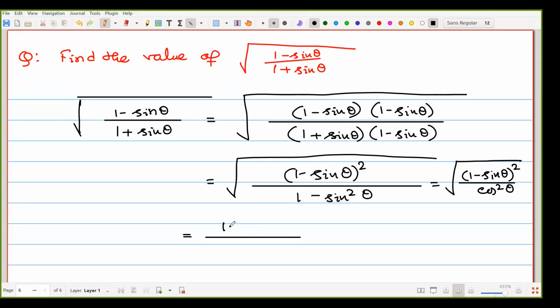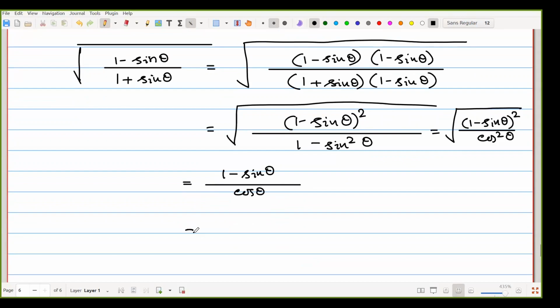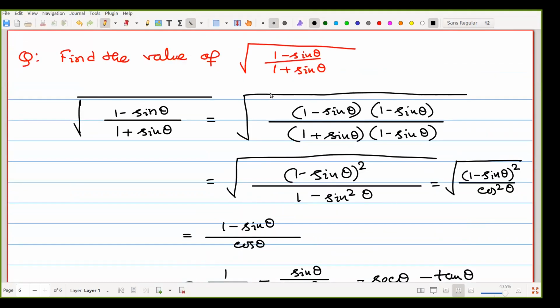So after square rooting, we are getting 1 minus sine theta divided by cos theta. Now simply divide it. So that is 1 by cos theta minus sine theta divided by cos theta. So that is sec theta minus tan theta. That is the value of square root of 1 minus sine theta divided by 1 plus sine theta.